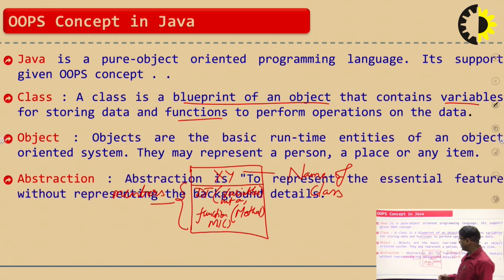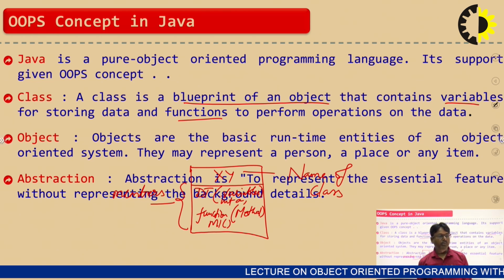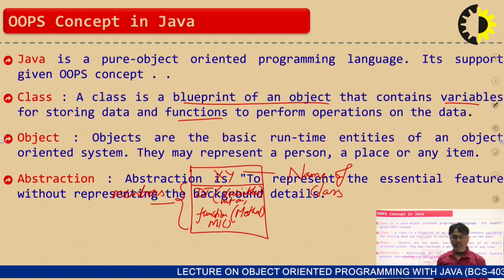Now here comes another very important OOPS concept, abstraction. Abstraction is to represent the essential features without representing the background details. Abstraction means to represent the essential features without representing the background details.